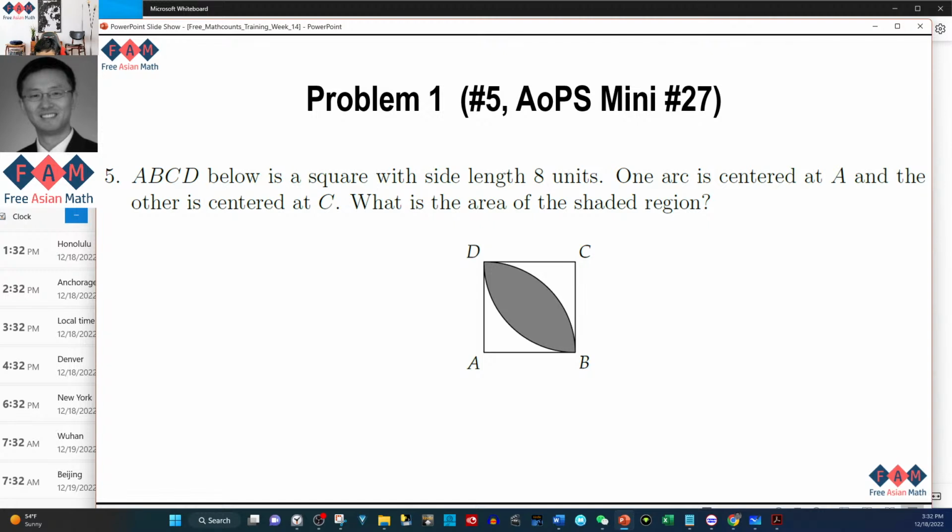So essentially, you have some quite interesting geometry problem where you have certain geometric figures mixed together, could be a square, circle, semicircle, or rectangle, and so on.